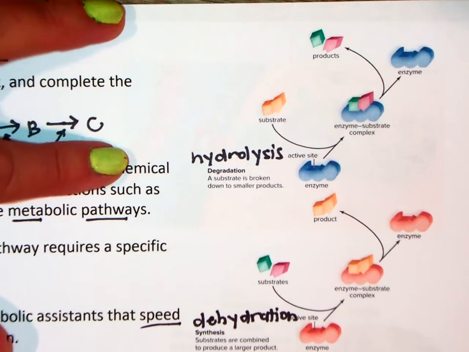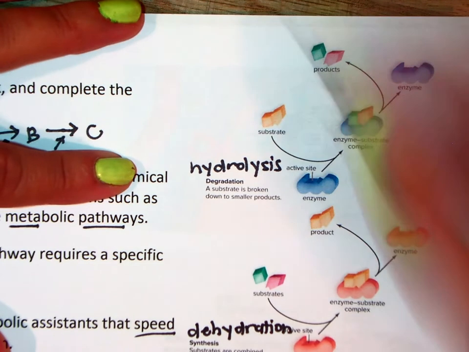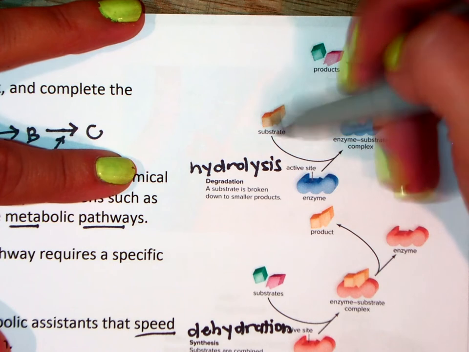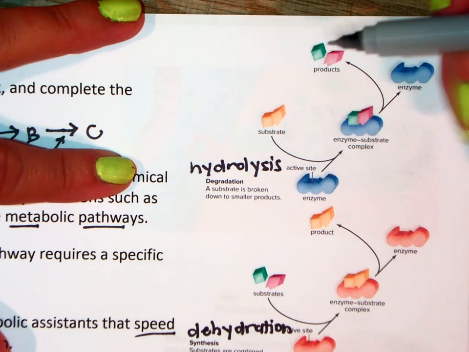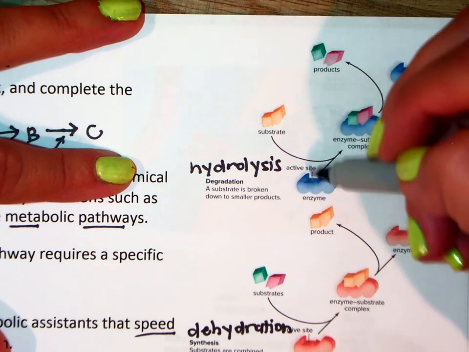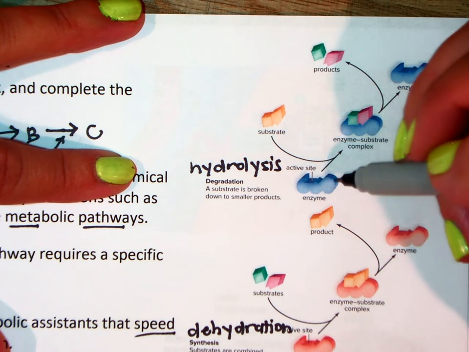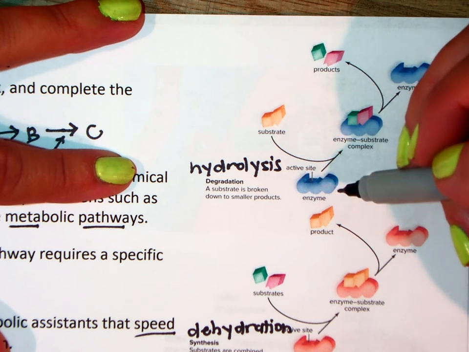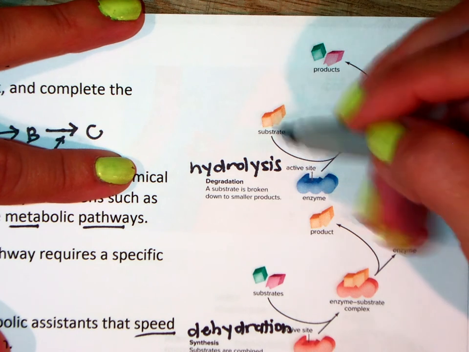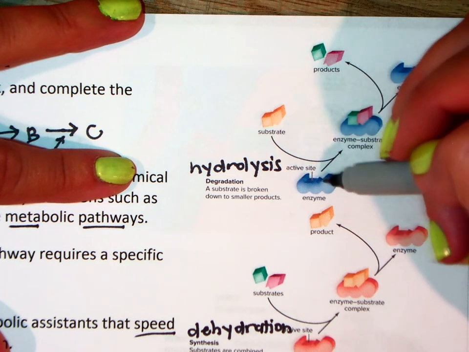Alright, so let's first look at hydrolysis. So you will have a substrate, is what we call it, before the enzyme interacts with it, and it attaches to the active site. And enzymes are picky, they're choosy about what substrates they'll react with, and if you'll look here, it kind of fits in there like a little puzzle piece.